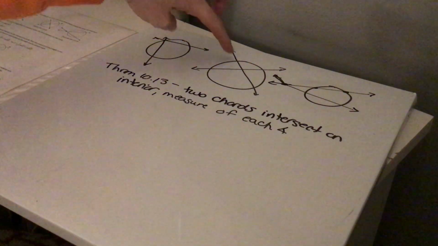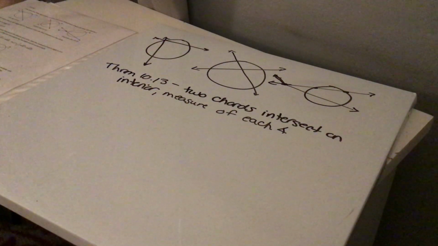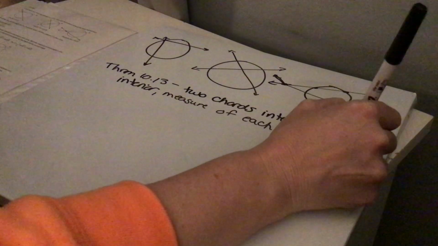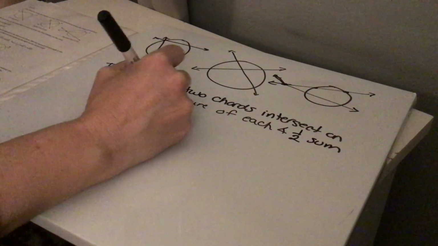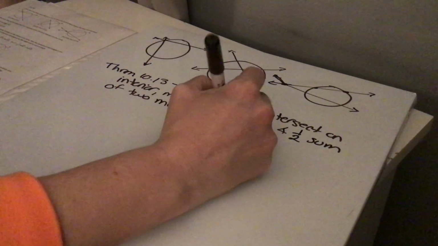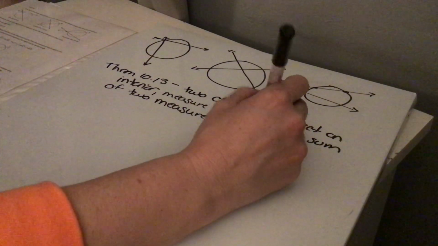So these are two chords intersecting inside, four angles. Each angle is 1/2 the sum of the two measures of the arcs intercepted by the angle and its vertical.